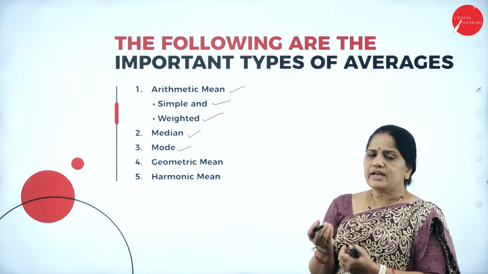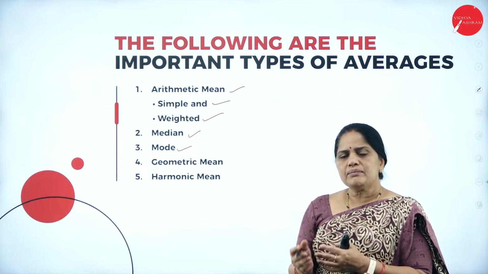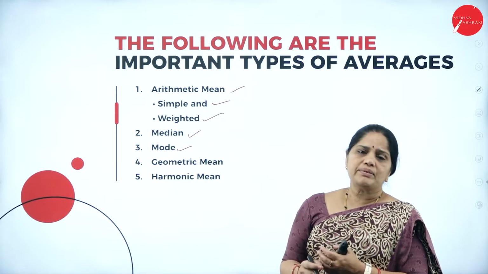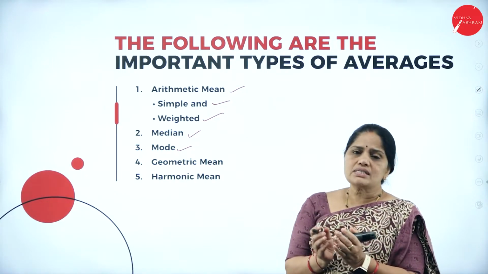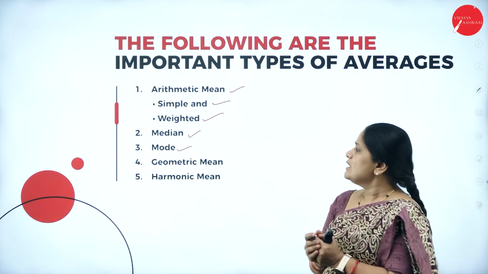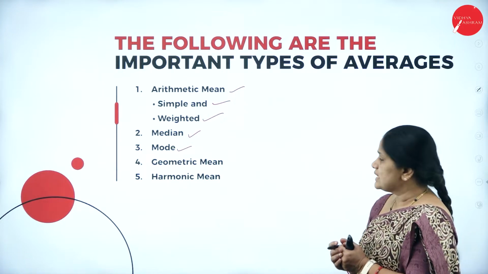Suppose the mean is around 49.7, then the median may be 50, and the mode will also be around 50 or 51. So they all cluster around a central point of the data. That is why we call them the measures of central tendency.